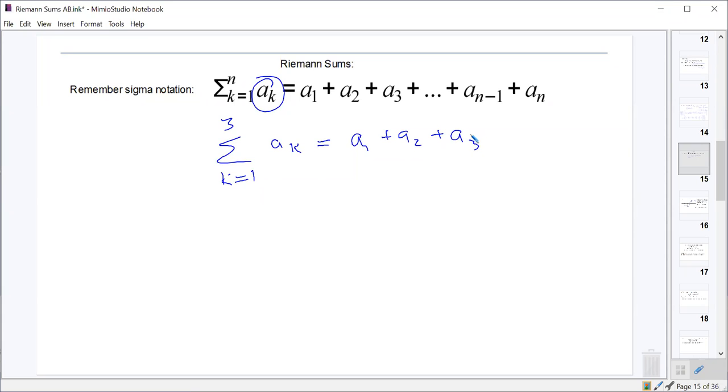All right. Now, is everybody okay with that? Just that little part? Yeah, good. Okay. So what if instead of having a sub k, I had a sum from k equals 1 to 4 of k? What would that mean?